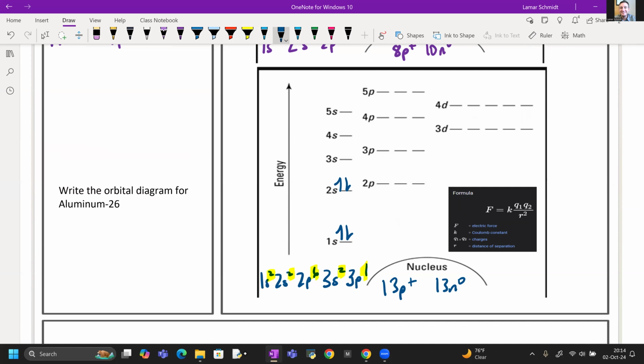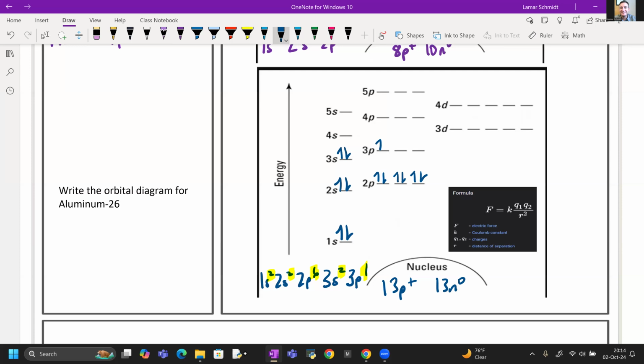Energy level 2p, up, up, up. We're filling these singly first, following Hund's rule. Now they're forced to pair, and we're at 2p6. We go to 3s2, up and down, and then 3p1. So how many unpaired electrons do we have in aluminum? 1. We can see it right there very easily.